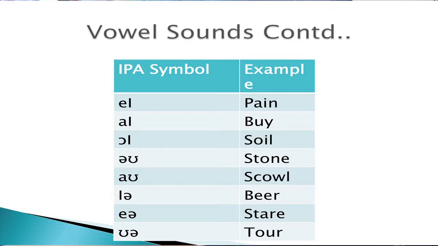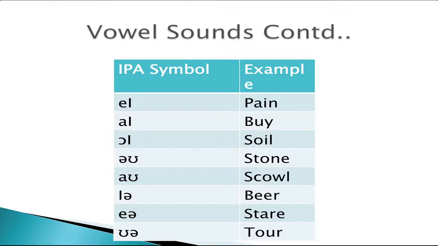So, you must be careful. You should not pronounce BEAR as beer, because there is a different sound altogether. It's air, whereas this sound over here is ear, as in beer.